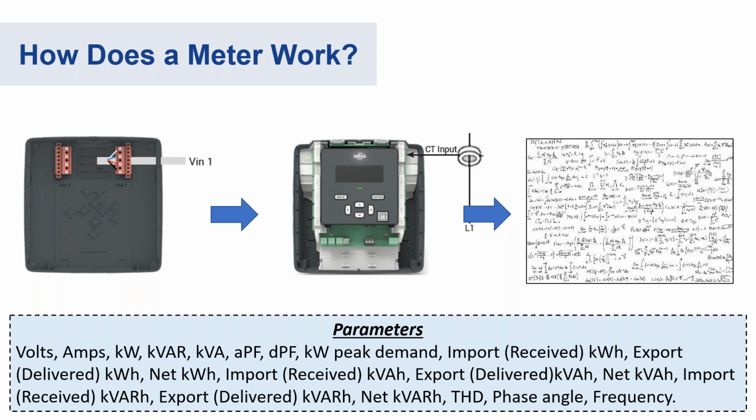And then through the magic and wizardry of mathematics, we can infer volts, amps, kilowatts, kVA, peak demand, just lots and lots of data that we'll deliver through the meter. This data is logged for 62 days in the meter, and we'll talk a little bit about the output signals and how we deliver this to energy management platforms.